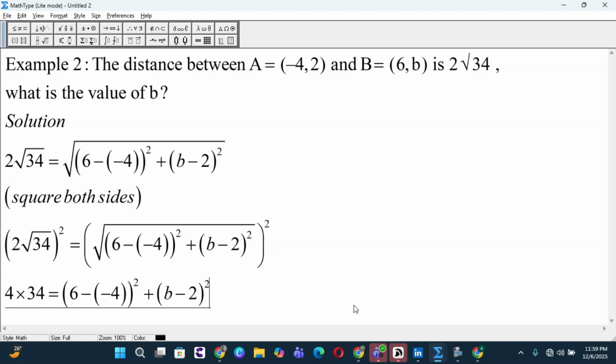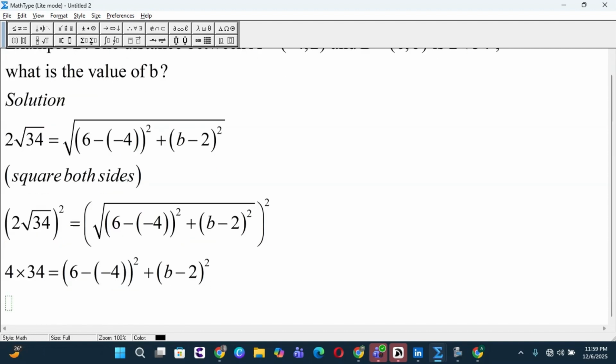Let's go ahead to find the value of b. 4 multiplied by 34 will give me 136, equals, in the first bracket, minus times minus will give us plus, so 6 plus 4 will give us 10. So it's going to be 10 to the power of 2.